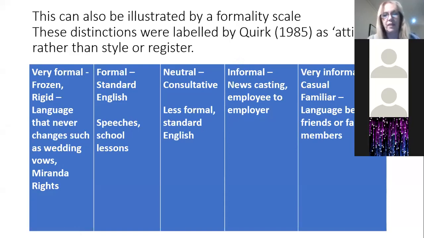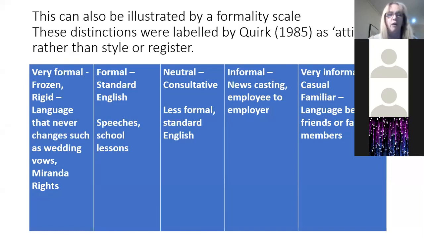This is from the work of a linguist named Quirk in 1985. Quirk saw these kinds of roles as more attitude rather than style or register. A lot of other linguists use the term style or register. He talked about attitude. So let's have a look at those degrees of formality.